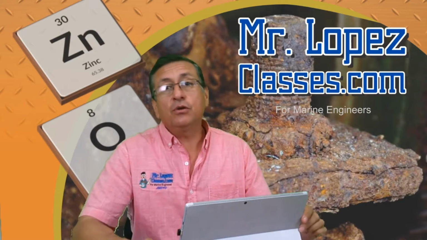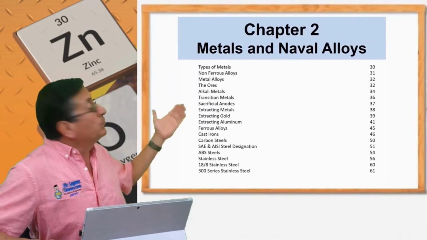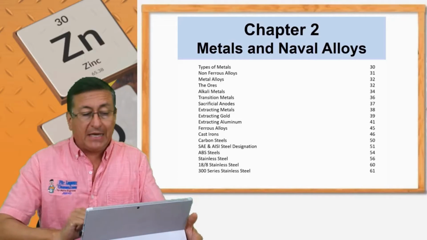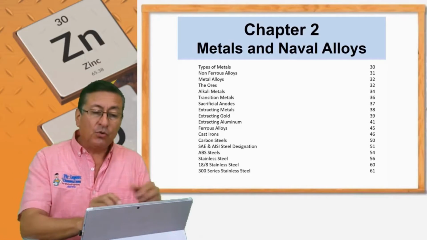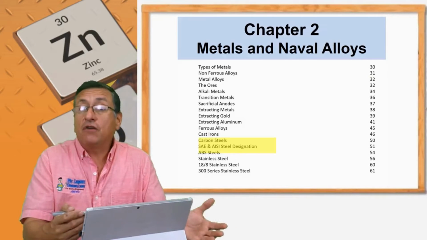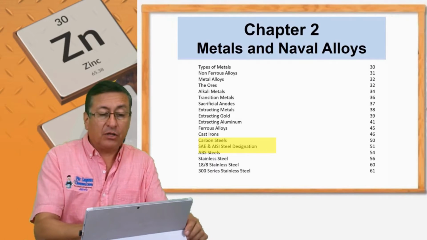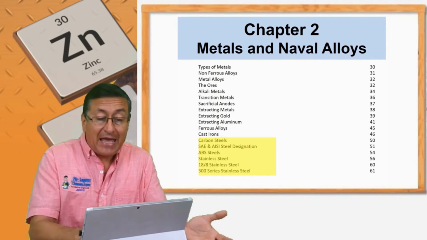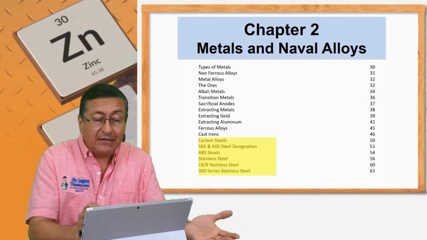We are going to continue with our book of corrosion, and this is chapter 2. We are going to start with episode number 3. In this episode, we are going to cover carbon steels, the designation of the steels according to SAE, and stainless steel. What is the meaning of stainless steel?